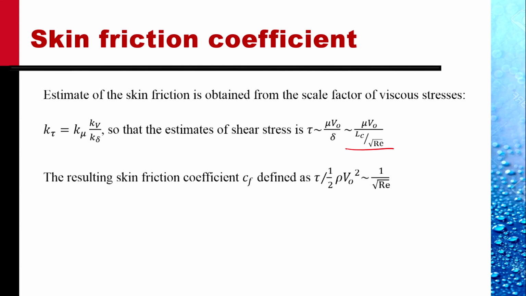The resulting skin friction coefficient CF, defined as tau divided by 1/2 rho V naught square, is 1 over root Re on a flat plate. The result is a very good result. The measured value is like 0.66 divided by the square root of Reynolds number. So it is a very good estimate that we obtained with very little work.